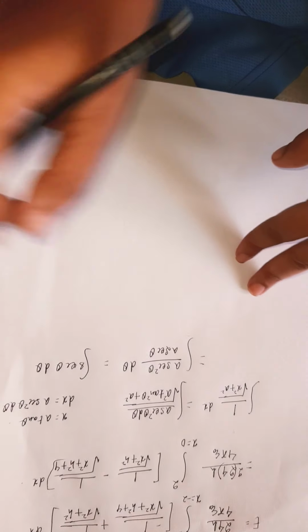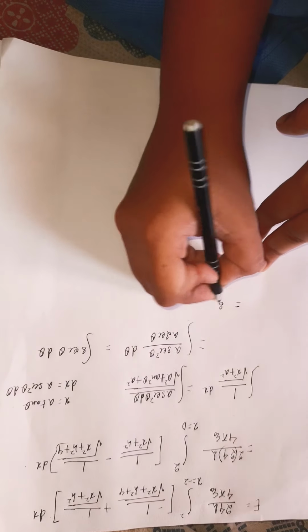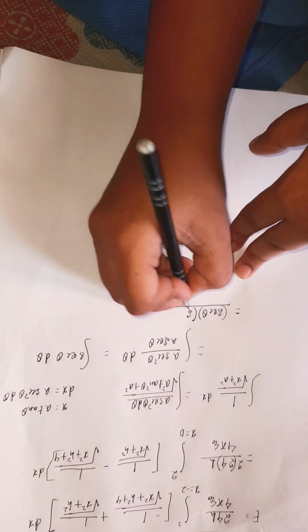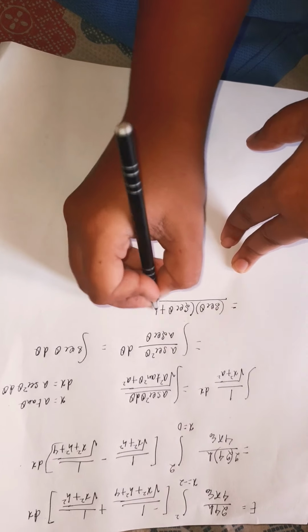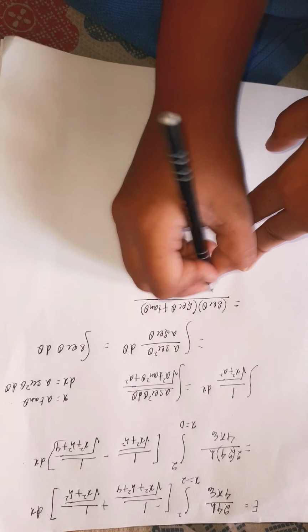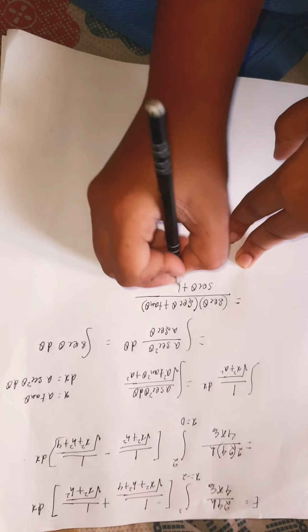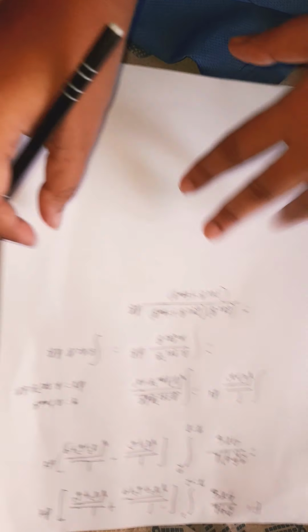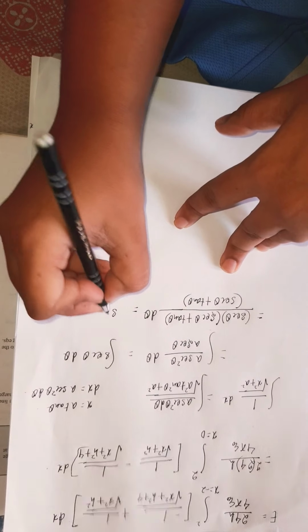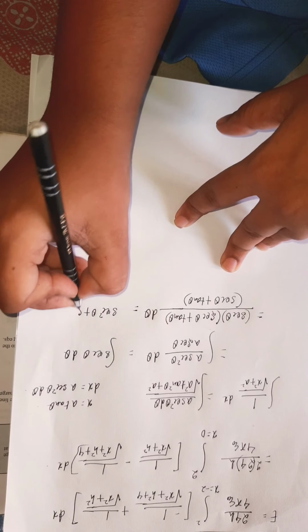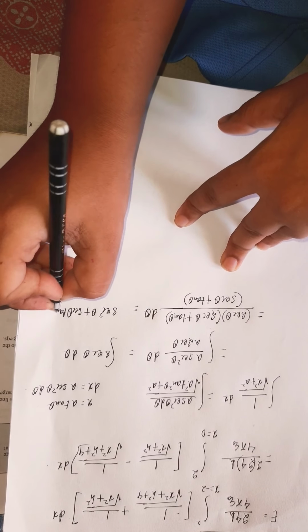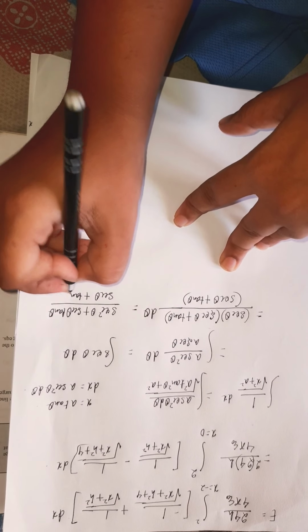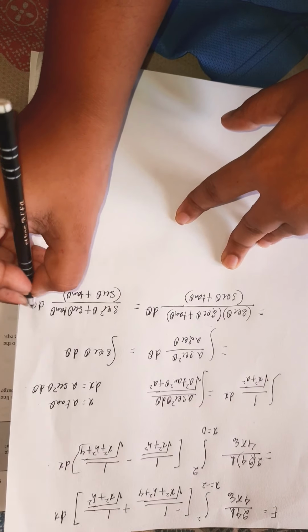And how do you solve this sec theta d theta integration? Well, remember class 12th maths: multiply sec theta plus tan theta up and down as well. Multiply it and then what did you get? Sec square theta plus sec theta tan theta divided by sec theta plus tan theta d theta.